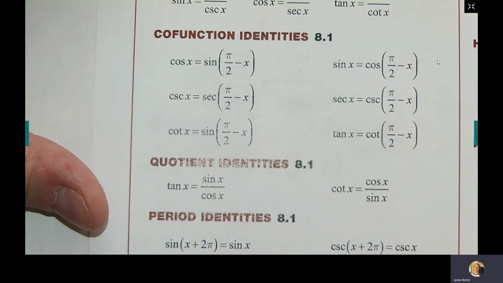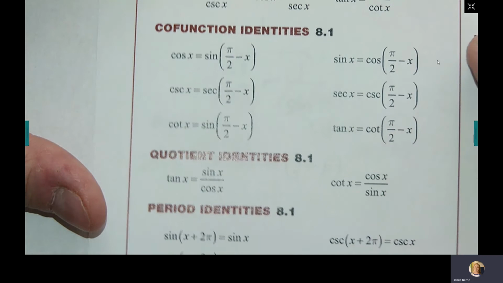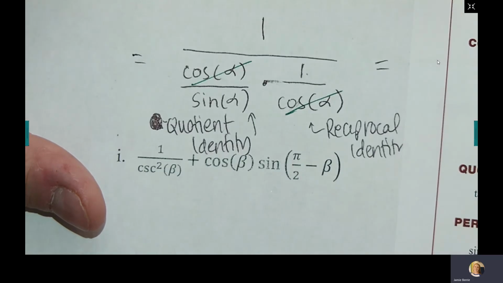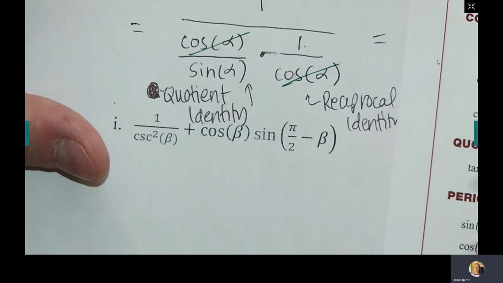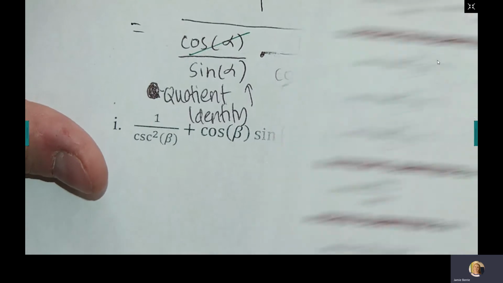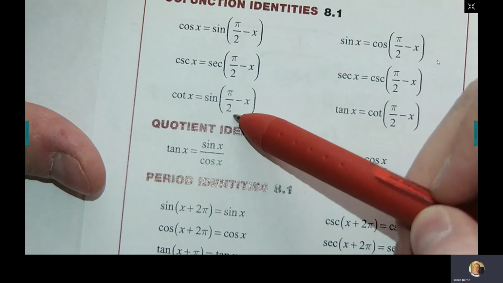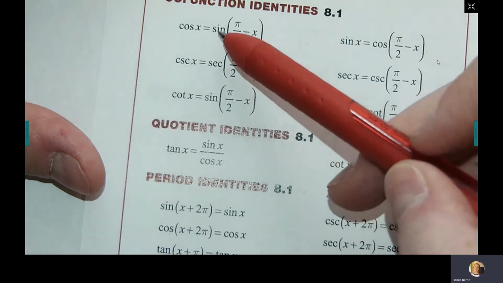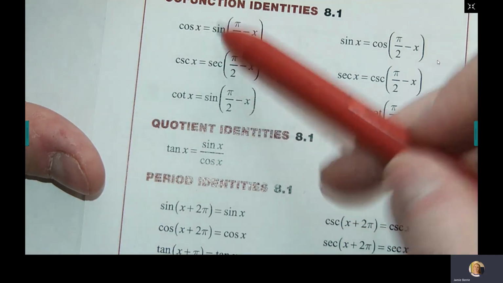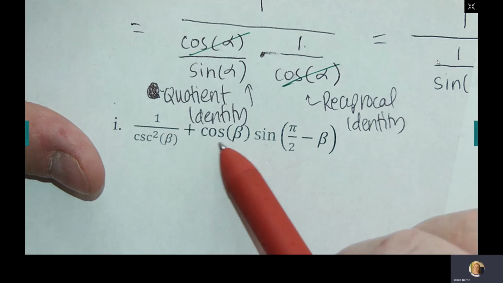So sine of pi over 2 minus an angle. We have actually two options. I guess we'll use whichever one we think will benefit us more. So sine of pi over 2 minus beta, we could either use this one or this one. We want to use this first one because we have a cosine right beside it.